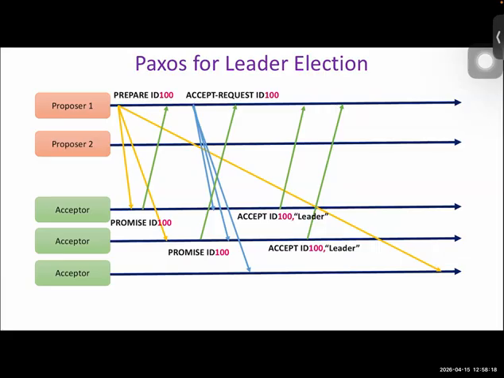Each value is associated with the round number. If a value is already accepted for a certain round, say 100, then ignore accept requests for different values under that round.